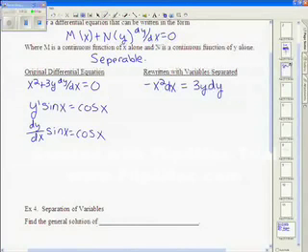Now this one's going to require a little trick. Think about sine and cosine, okay? They've both got an x attached, right? So we know we want them on the same side. How am I going to get one of those over to the other side? Divide by it. Very good.